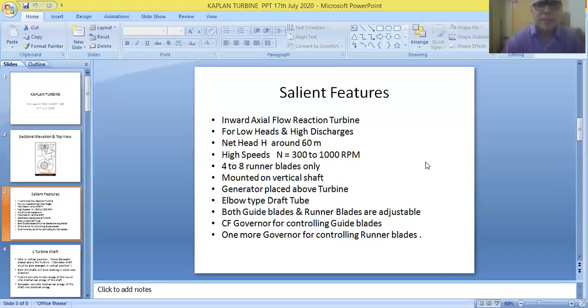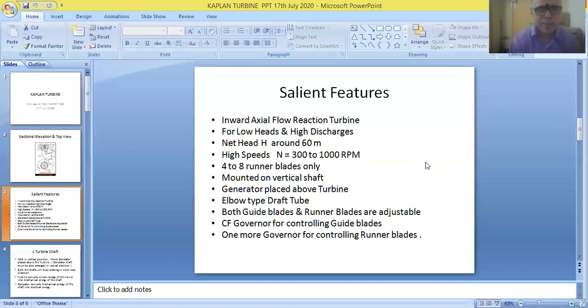And friends, the shaft of the turbine will be rotating at a very high speed, capital N for indicating this parameter. The speed of a KAPLAN turbine will be around 1,000 revolutions per minute, so it is called a high speed turbine. Secondly, very few blades are fitted to the runner.